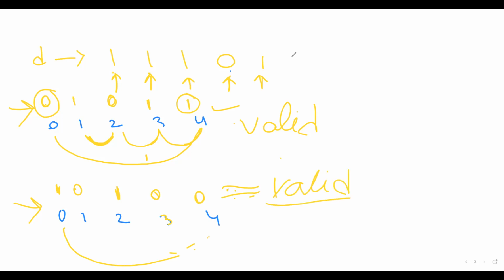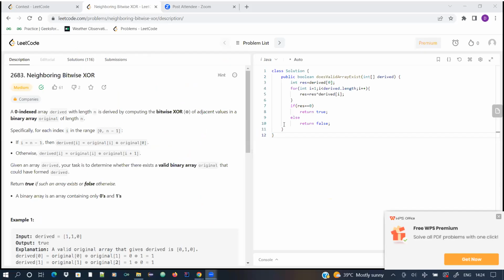Let's now understand the solution which I have written. First, I'm writing result equals derived of 0, which means I'm taking a temp variable and initializing it with the derived value at index 0.